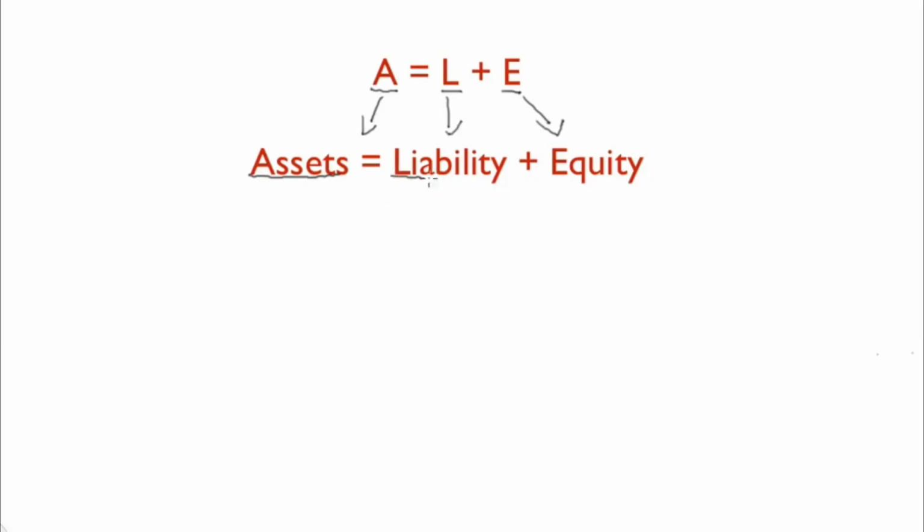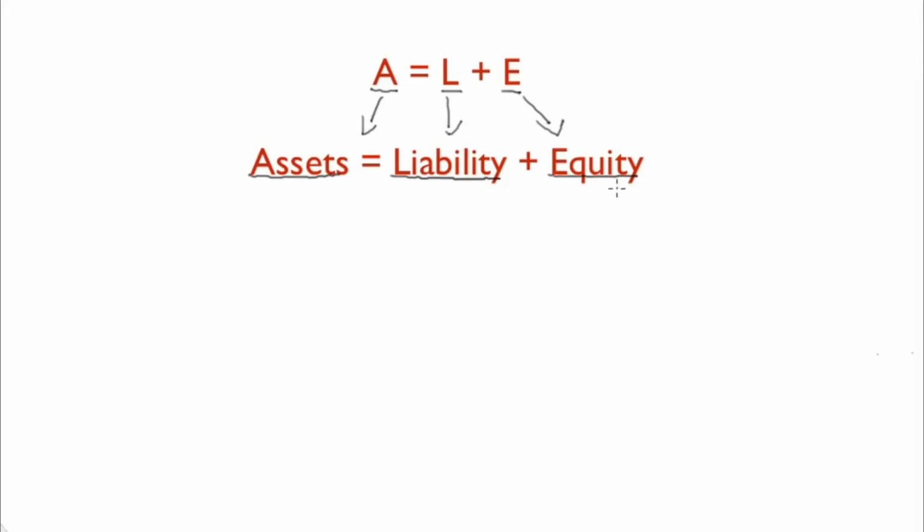The liability instead is a future obligation. That's what liability means: future obligations. While equity is money that is endowed in the business by any shareholder, and the equity is going to entitle the so-called shareholder to get a percentage of the profits produced by any organization.